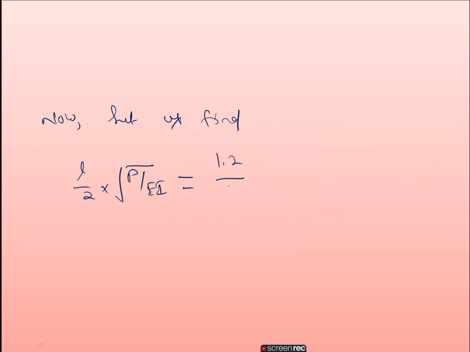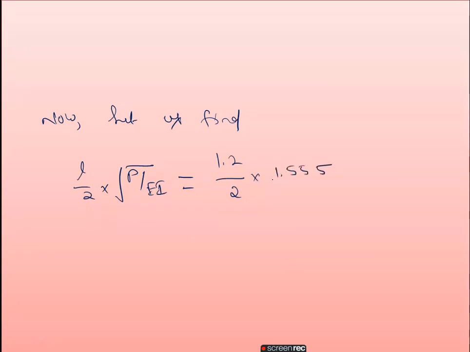Now let us find L by 2 into square root of P by EI. L is given in the problem, that is 1.2 meters, by 2, times the square root of P by EI we just calculated, that is 1.355.